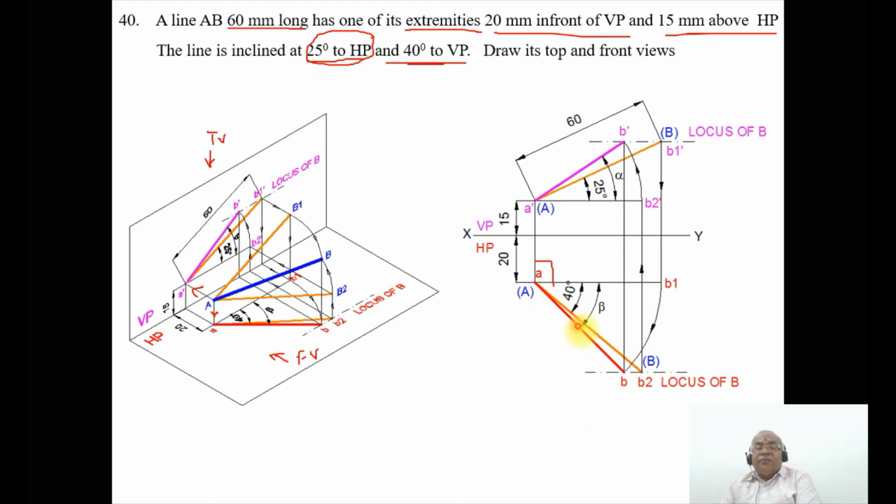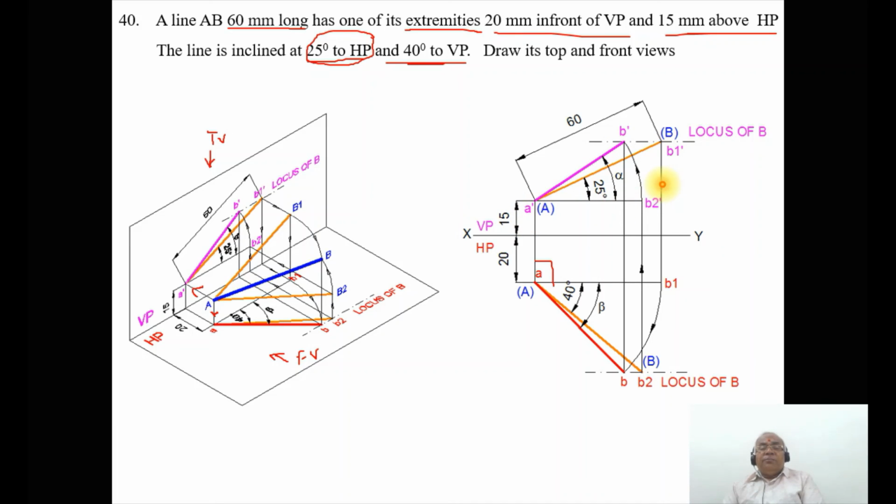As the top view of the line is in true length, the corresponding front view, which is A dash B2 dash, should be parallel to XY. So draw a vertical projector from B2 to above HP by 15 mm. Then you mark that point as B2 dash. With A dash as center, taking the radius of A dash B2 dash, you draw an arc such that it cuts the locus of B in the front view here, and you mark this point as B dash, then join A dash B dash with a dot line.